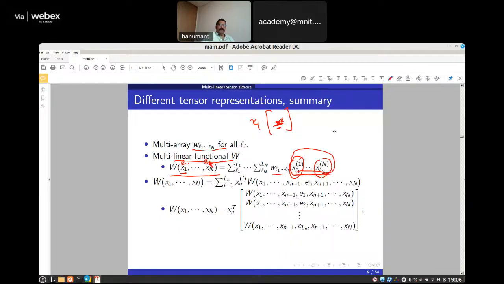Now tensors are somewhere in between linear and non-linear. You can see that some kind of non-linearity is there, but because only one power of this x variable will be there, you cannot have a power of more than one here. So that's the issue here.